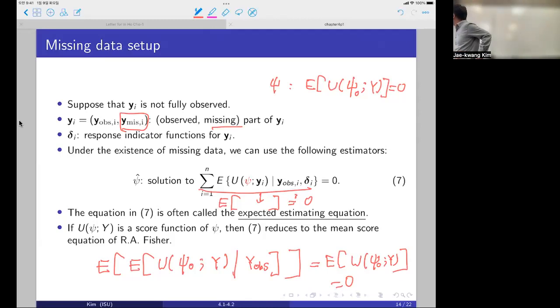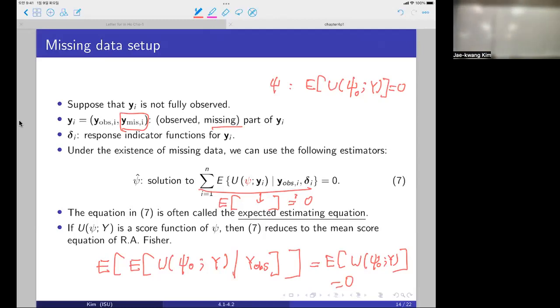So this equation is called the expected estimating equation. Without the conditional expectation, it is an estimating equation, but since we are taking the conditional expectation, we have the expected estimating equation.